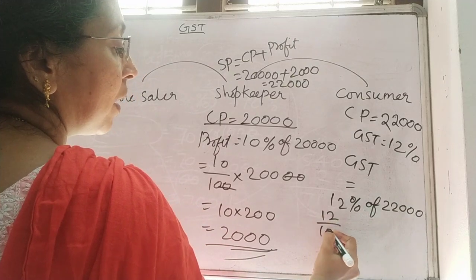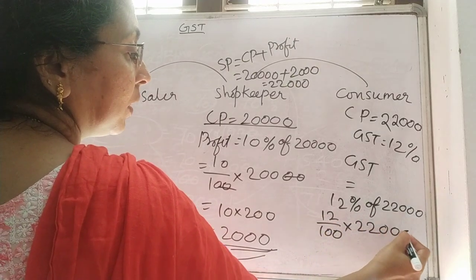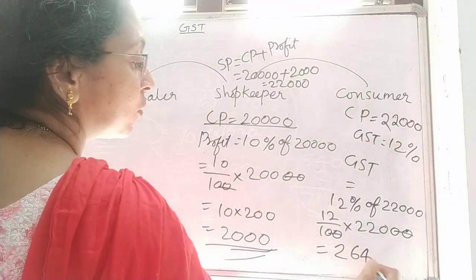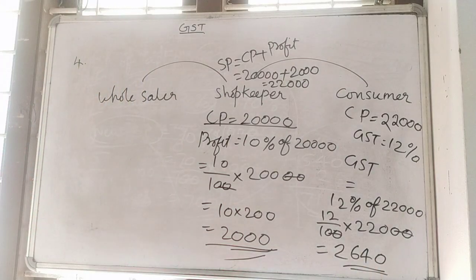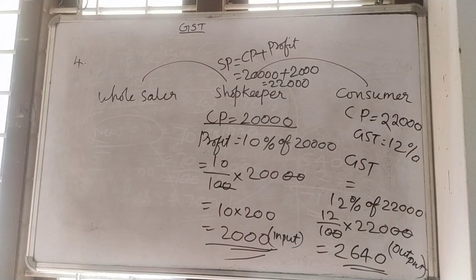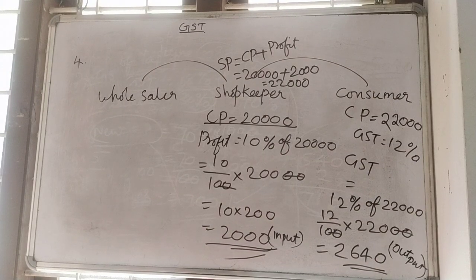That is 12 by 100 into 22,000. So 12 into 220 is equal to 2640 rupees. So that 2640 is the output tax, that is, the tax paid by the consumer.